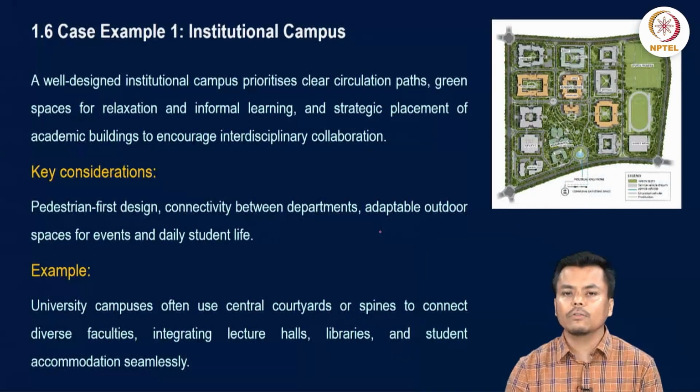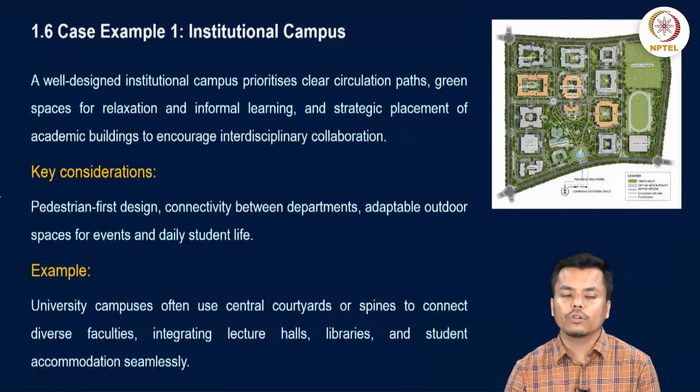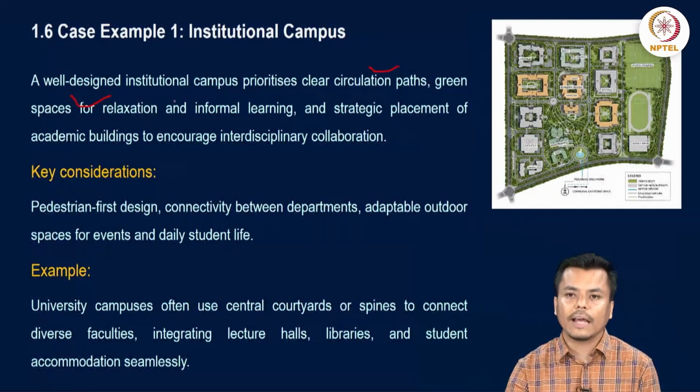Now let us look into a few examples by which you can understand how to initiate the site planning exercise. In the case of a well designed institutional campus, we should prioritize circulation paths, green spaces for relaxation and informal learning, and strategic placement of academic buildings to encourage interdisciplinary collaboration.